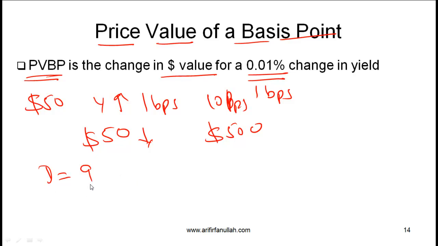A related point is, let's say a bond has a duration, or a portfolio has a duration of 9, and let's say that the value of this bond portfolio is $10 million. So what is the price value of a basis point for this situation?